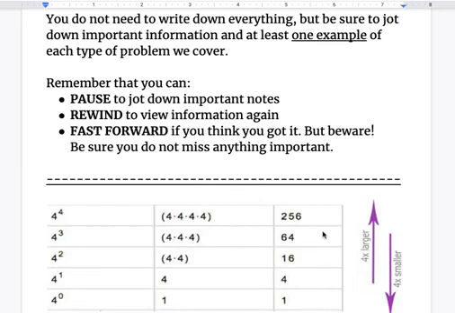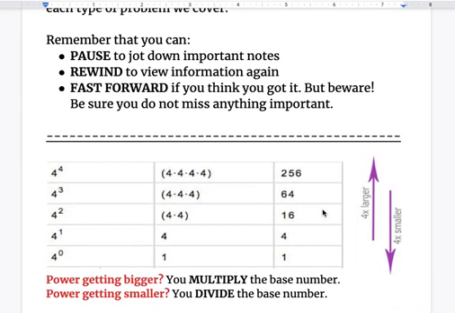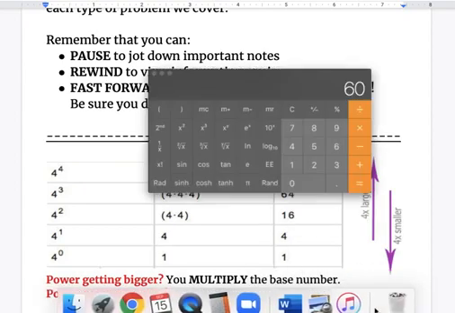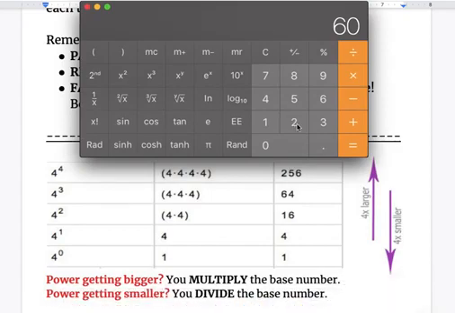So as you are getting higher in your powers, if your powers are getting bigger, you're multiplying that base number, right? If you are getting smaller when you look at the power, so going from 4 to 3, you can think about it as dividing. So 256, that's 4 to the fourth power, divided by a 4 instead of multiplying will get you 64.